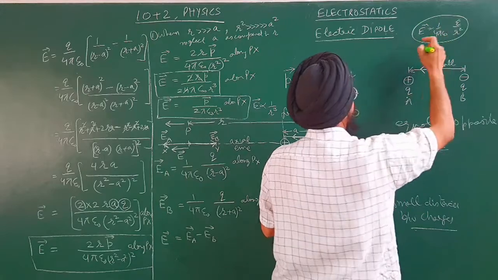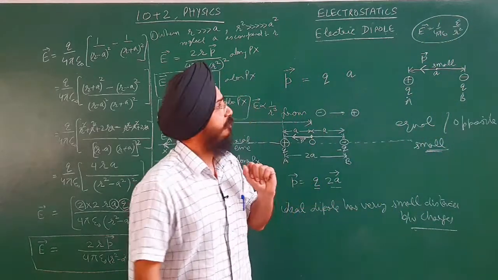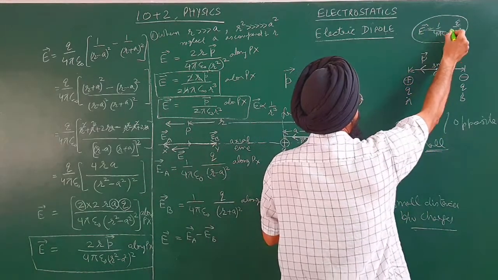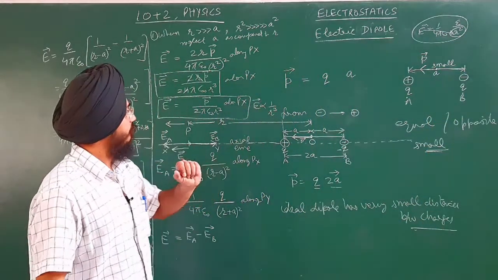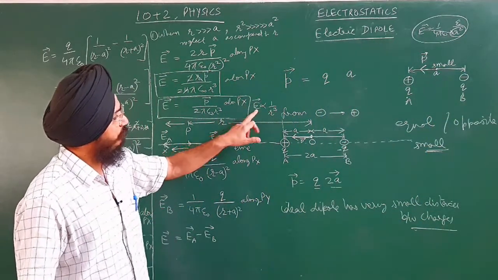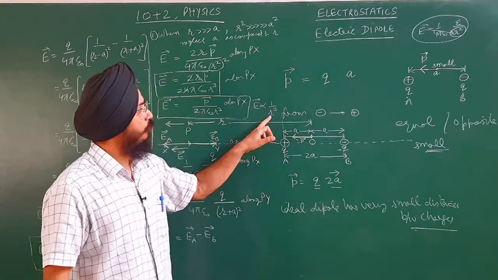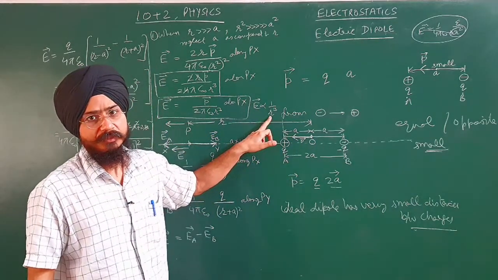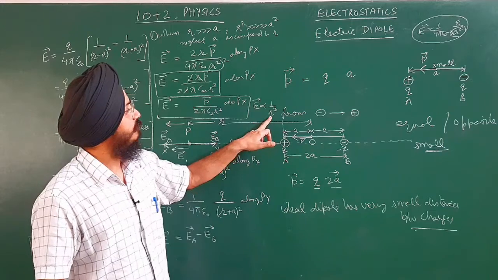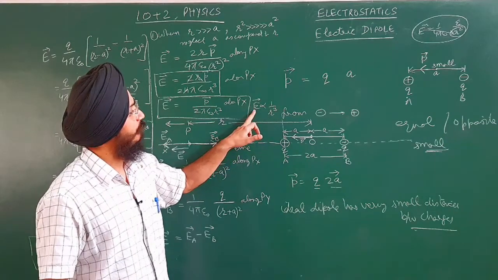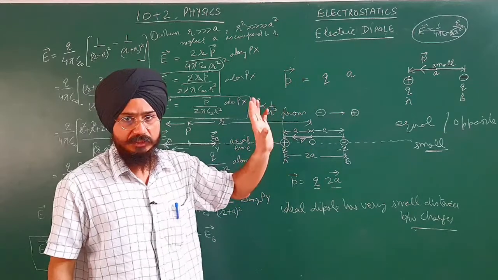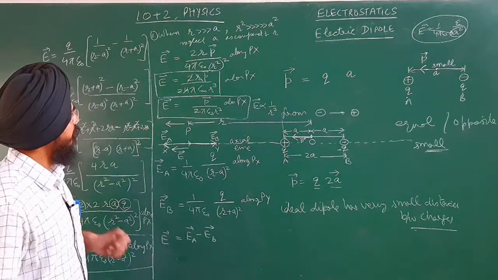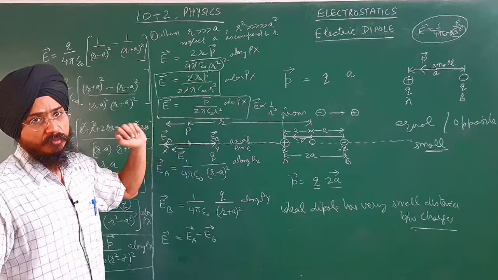So the electric field for one charge depends on the square of the distance from the charge, but the electric field for a dipole varies inversely as the cube of the distance. This is the difference between the dependence of electric field on distance for a dipole and for a single charge.